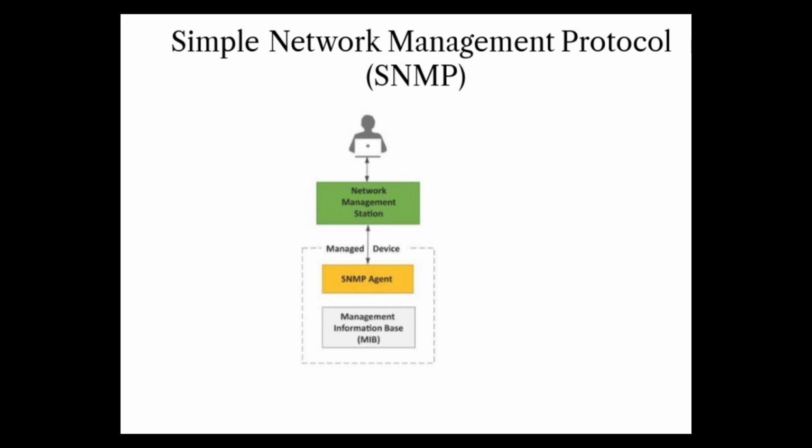The first character is the manager. The network management station, NMS, is like a boss sitting in the central office miles away from the greenhouse. The boss never actually touches the plants. Instead, they send a messenger with a sticky note that says get temperature or set fan speed.